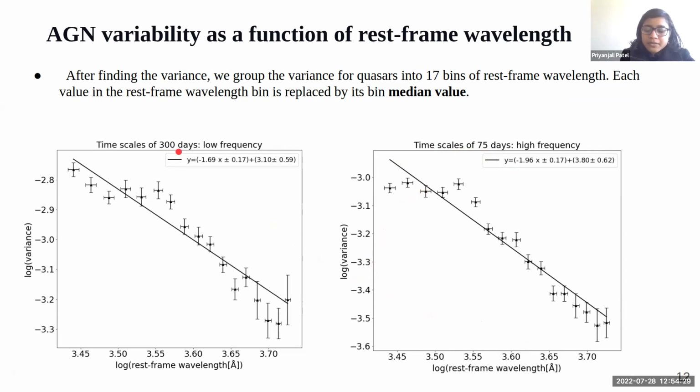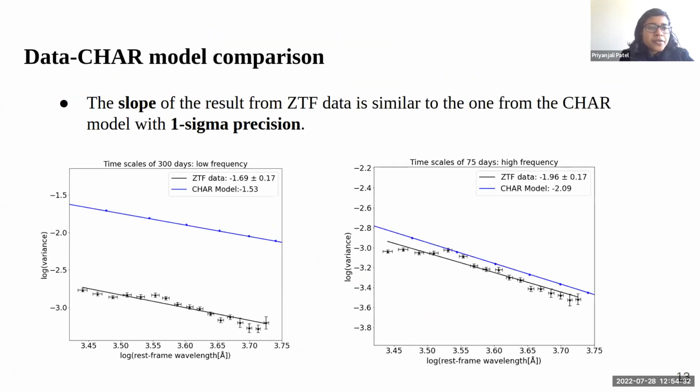So after finding this result, we compare the result from the ZTF data with the CAR model that I mentioned before. So here, this is the plot of the variance versus rest frame wavelength, where these black data points are the variance from the ZTF data, and in blue, these are the points from the CAR model, where we simulated the light curves from ZTF data using the CAR model.